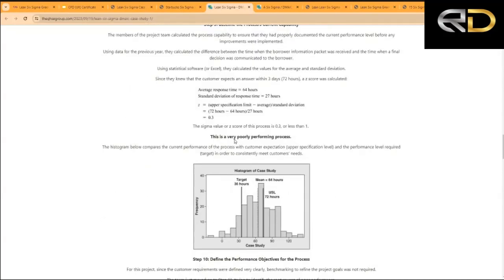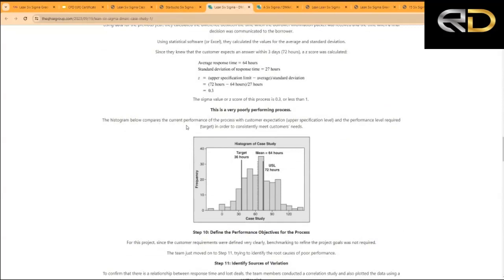So what we are going to do now is compare the current performance. We are going to compare the sigma level of 0.3 with the customer expectation and also the performance level required. As you can see, this is what it means. The graphical representation shows you how bad it is, because if you just represent it as a number like 0.3, how far off are you from the target?